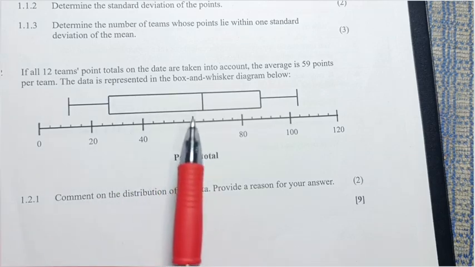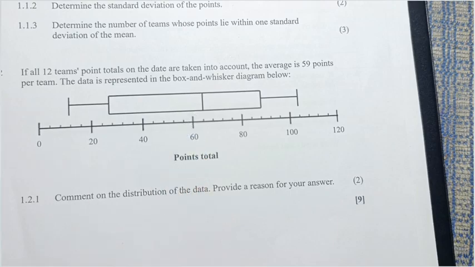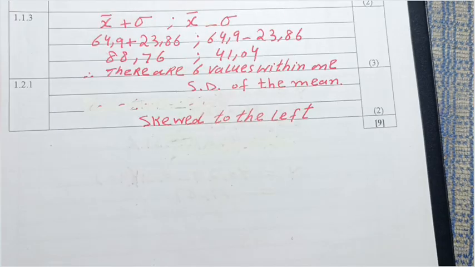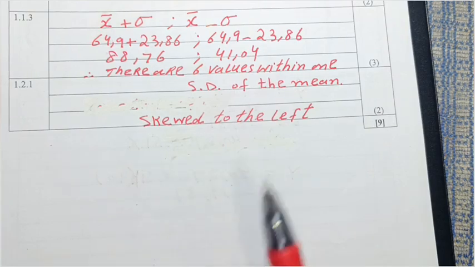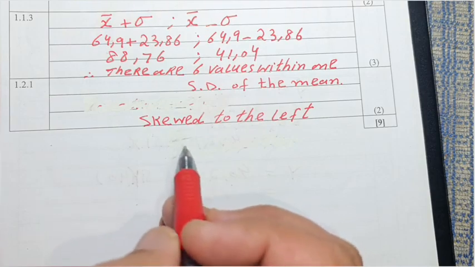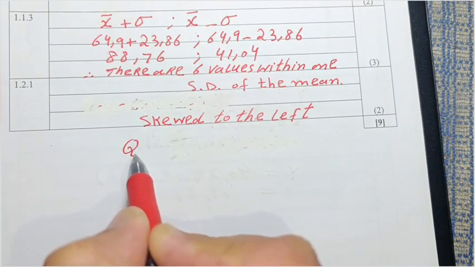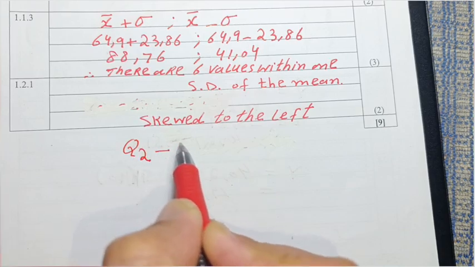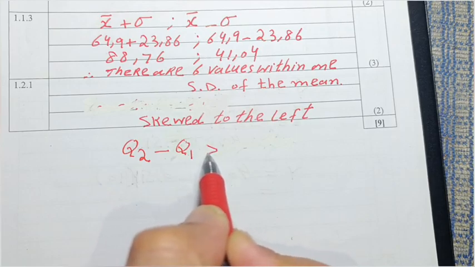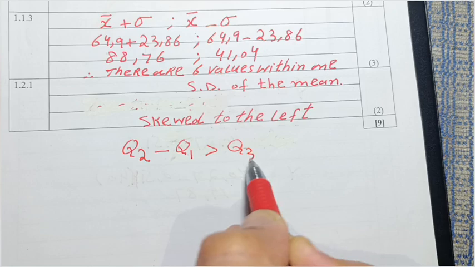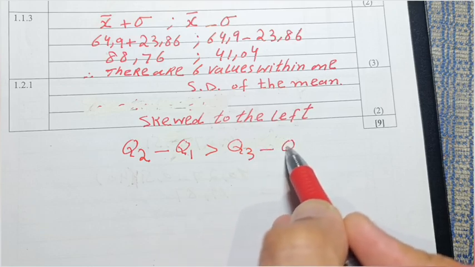To write it mathematically: skewed to the left, and the reason is Q2 minus Q1 is greater than Q3 minus Q2.